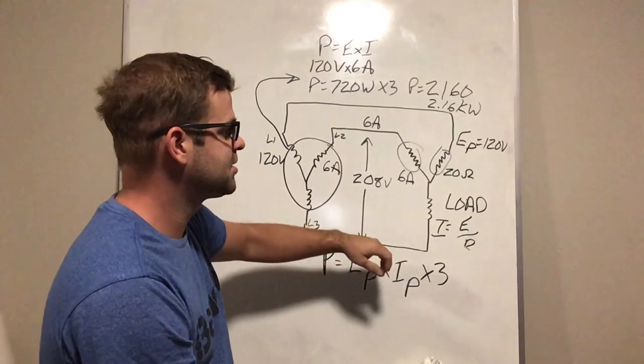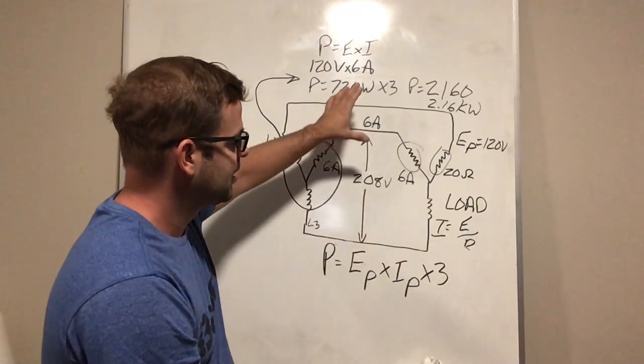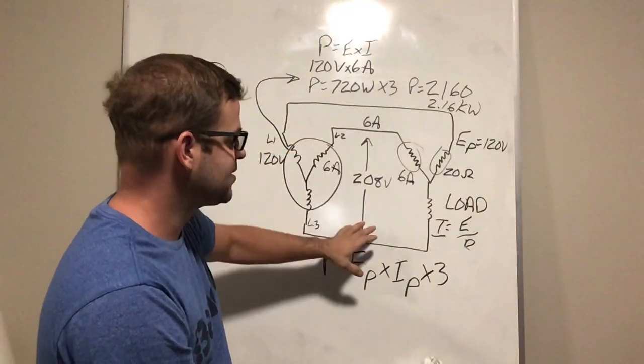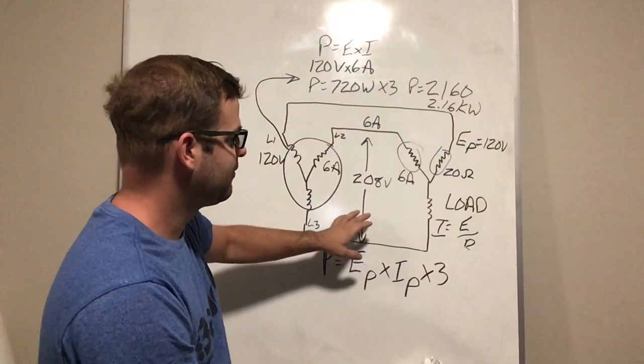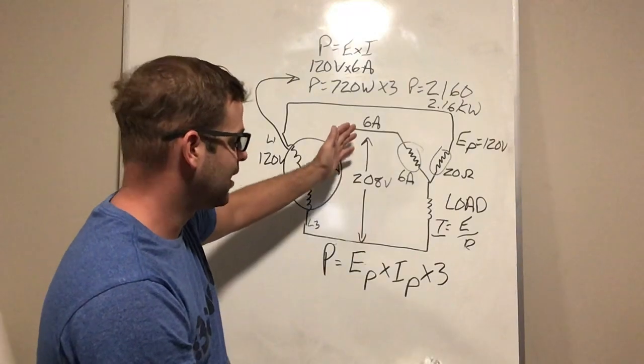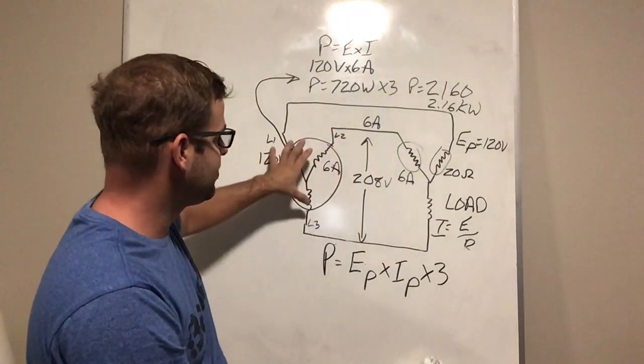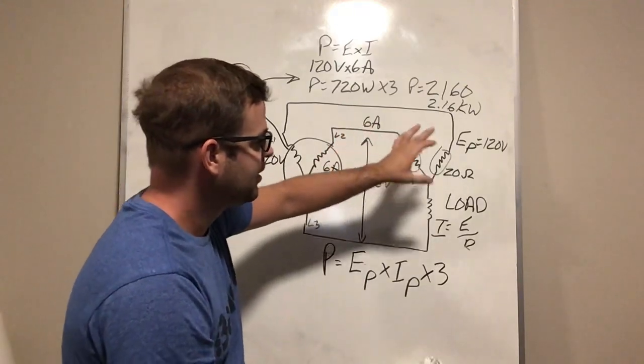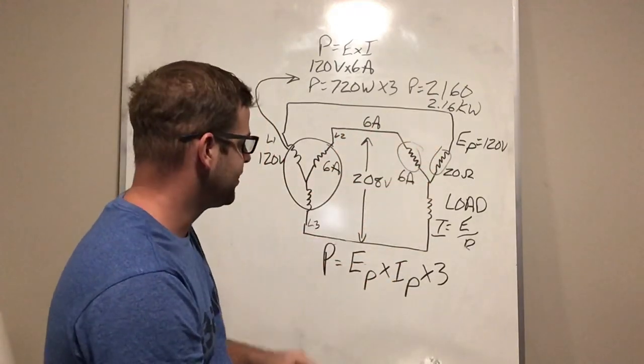The question is, how do I calculate my 3-phase power if I'm using line values? So these should all be the same. Power at my supply, power in the line, and power in the load should all be the same.